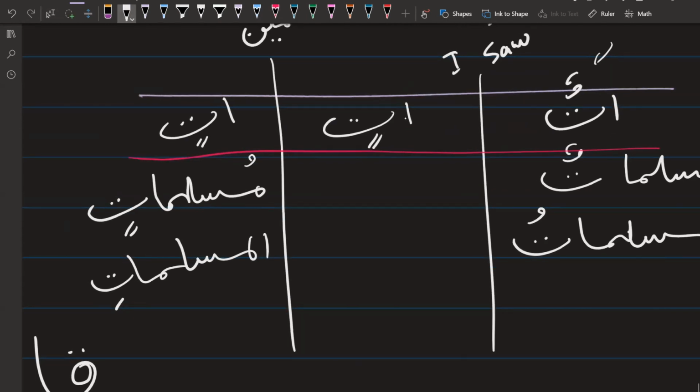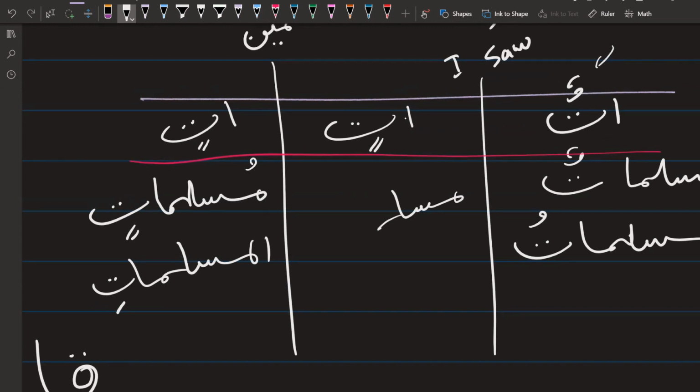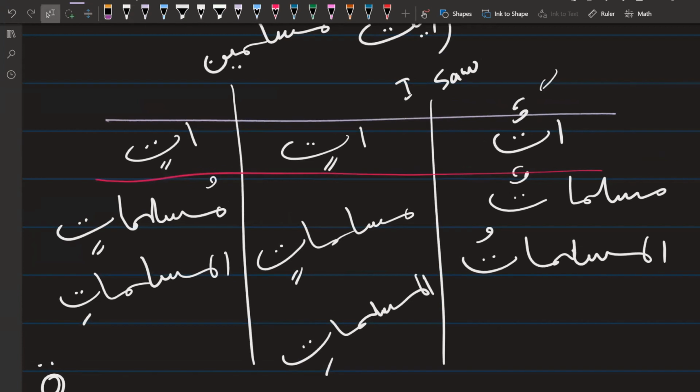Here you will say muslimatin as well. Al-muslimati. Makes sense? Guys, these are rules. Rules are meant to first be memorized, swallowed, and then you have to practice. That's what it is. So memorization has to be there. It's something that you just have to know.